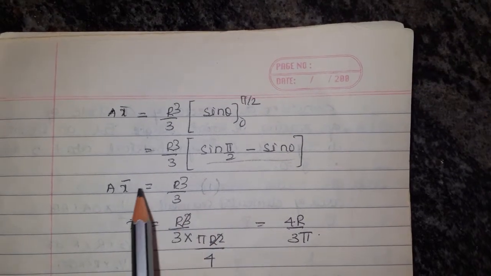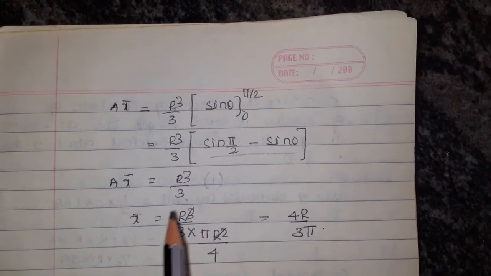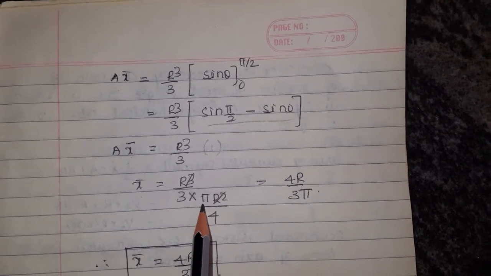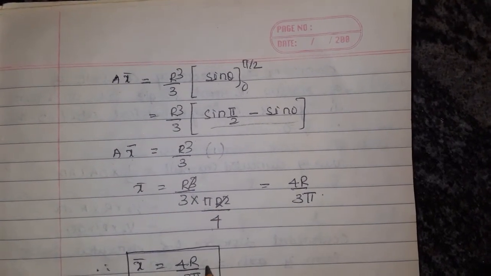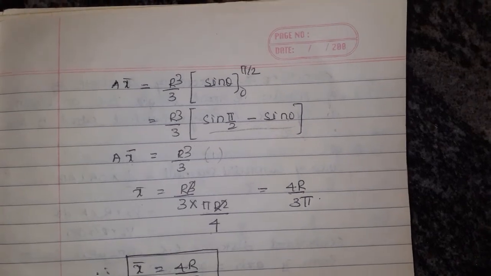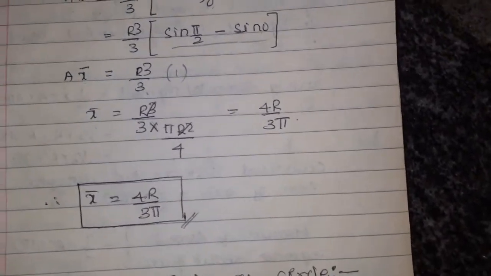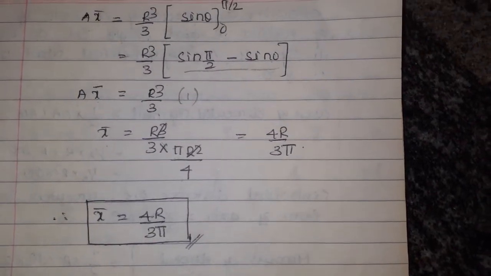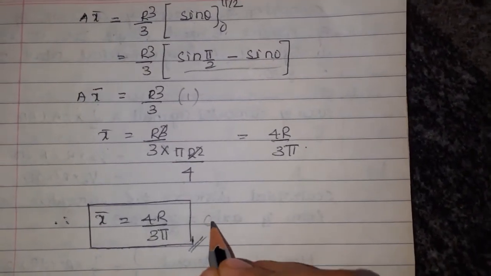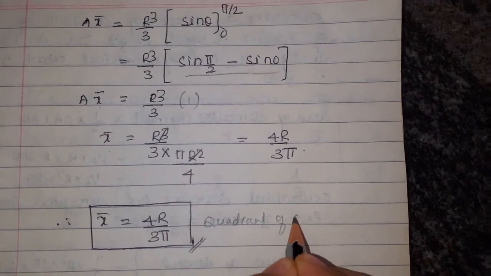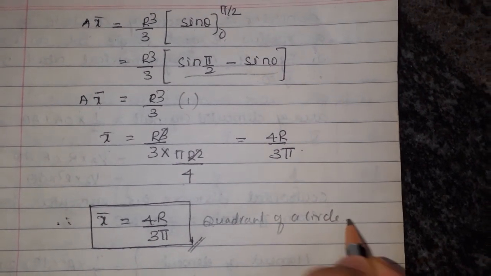Therefore A into x bar is equal to r cube by 3, and x bar is equal to r cube by 3 divided by the area, pi r square by 4. So you will get 4r by 3 pi. So x bar is also equal to 4r by 3 pi, and y bar is also equal to 4r by 3 pi for a quadrant of a circle.